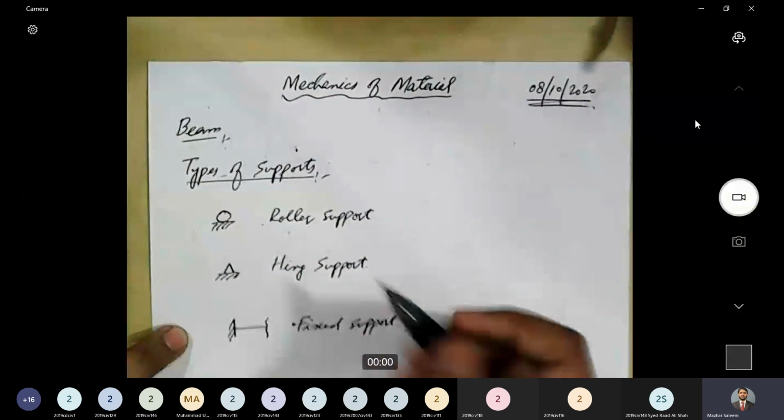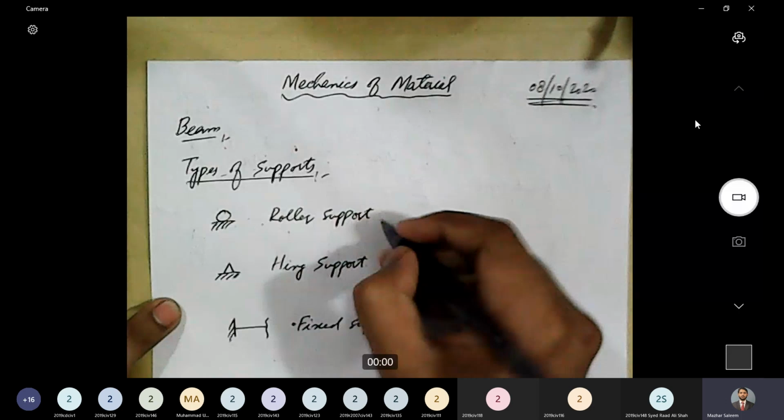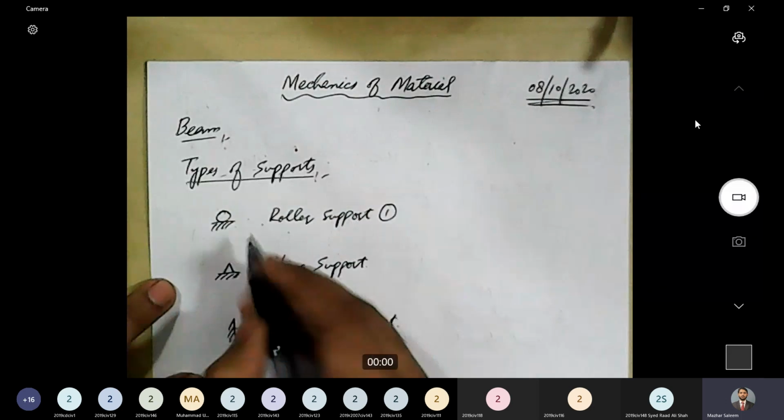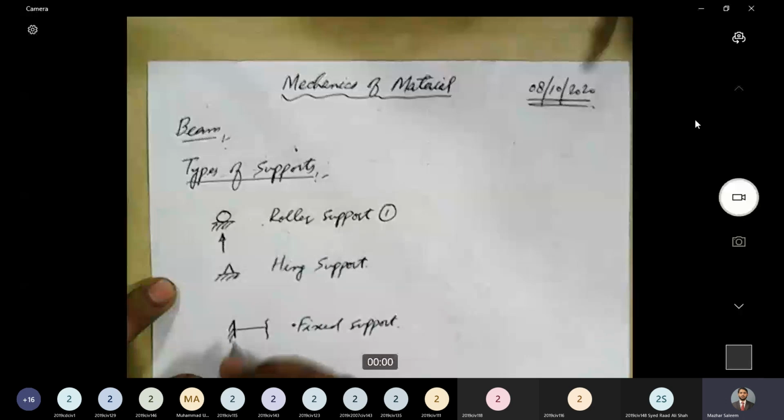And as we just said, roller support can generate only one reaction, and that one reaction is normal or perpendicular to the supporting surface.